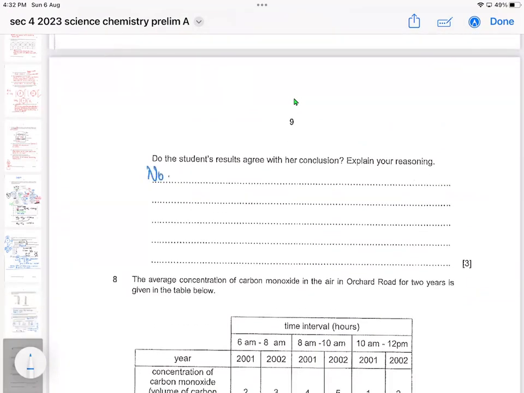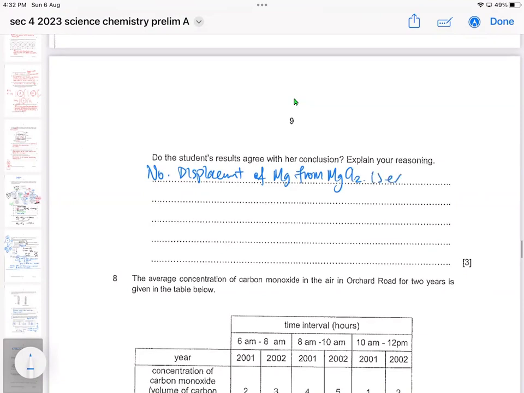No. The answer is no. So first off, I'll state that in this case, the displacement of magnesium from magnesium chloride, because the reaction is you throwing the metals to displace the magnesium, I'll say that the reaction here is exothermic.